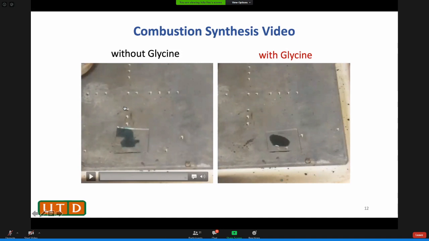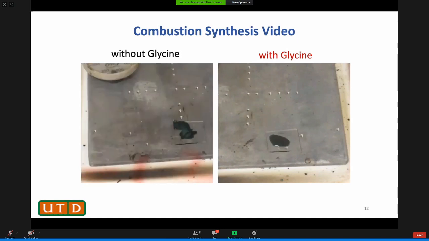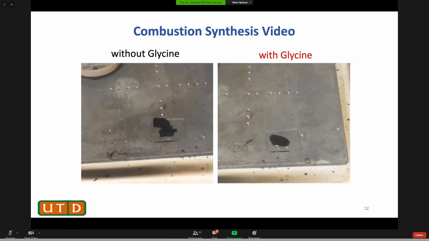On a hot plate, both of them are 180 C. You see the left side, the solvent gets boiled and evaporated, and nothing happens. The film just dries. Okay, so that's regular sol gel without combustion.